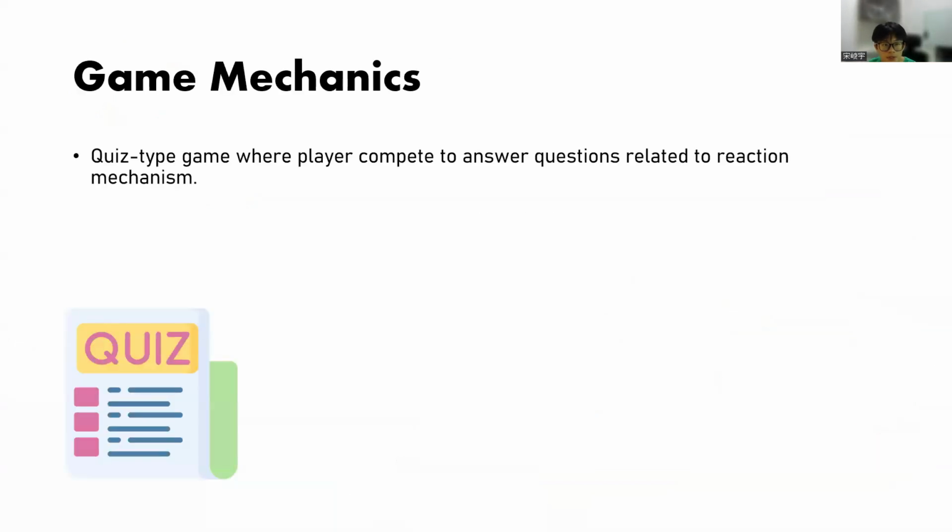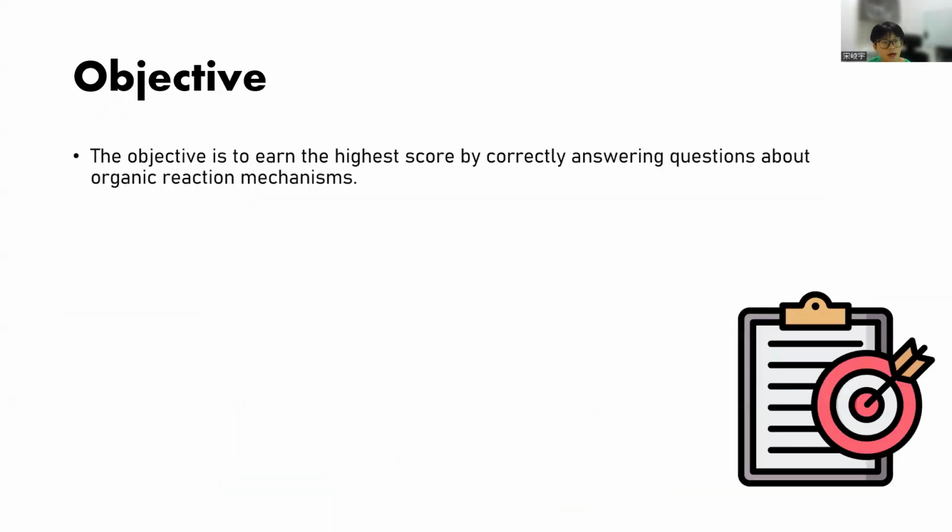Now, first of all, you need to know the game mechanics. Our game is a quiz type game where players need to compete with each other to answer questions related to reaction mechanisms, and each correct answer will earn points, bringing you one step closer to victory.